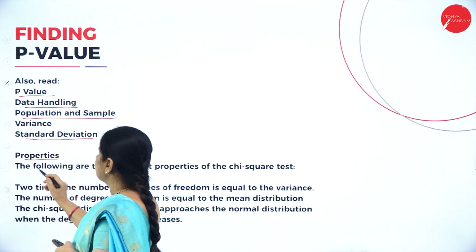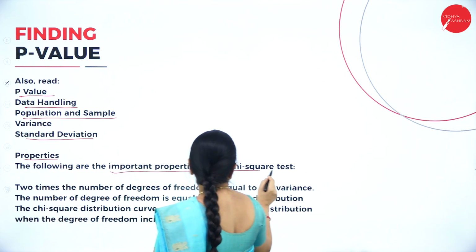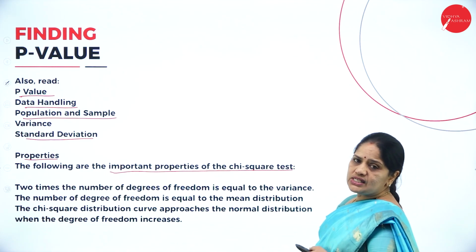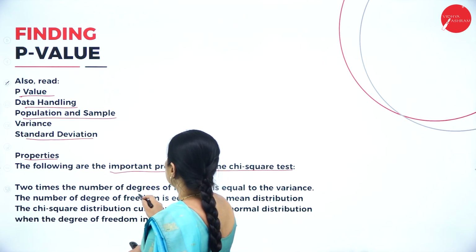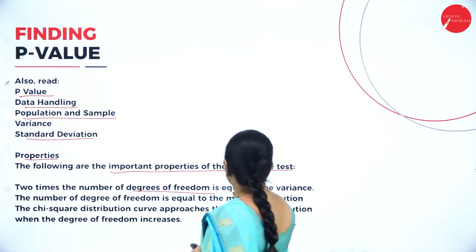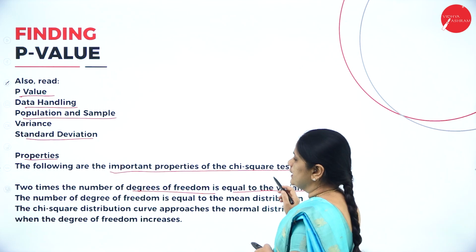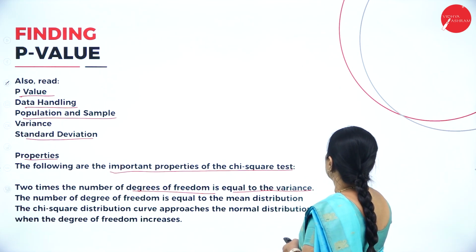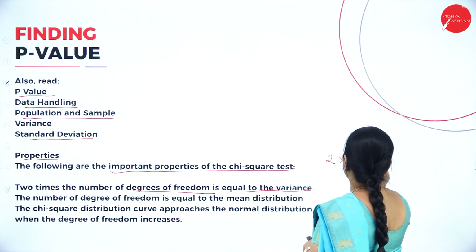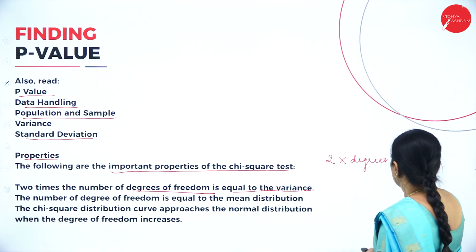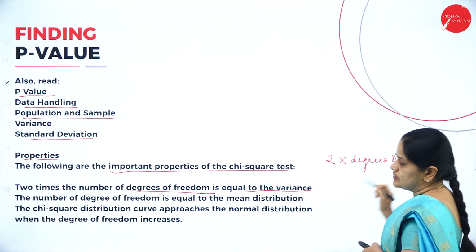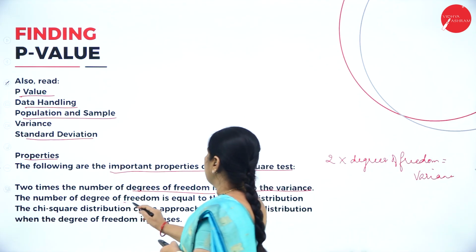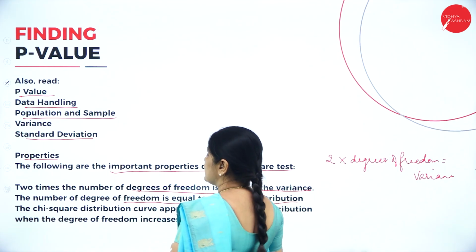The next one is properties. The following are the important properties of the chi-square test. Two times the number of degrees of freedom is equal to the variance. The number of degrees of freedom is equal to the mean of the distribution.